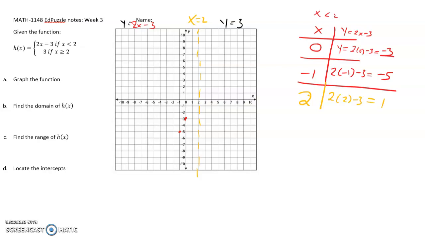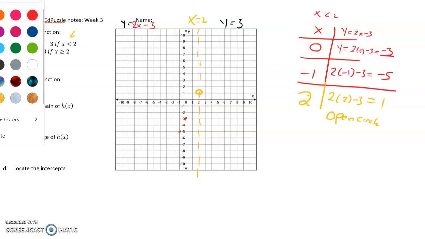So I also have the point (2, 1). Now, what's going to happen here is this gets an open circle. Why is that? That's because this is for the x values less than 2. Since it's just the x values less than 2, it gets an open circle. If that was less than or equal to, we would give that one a closed circle.